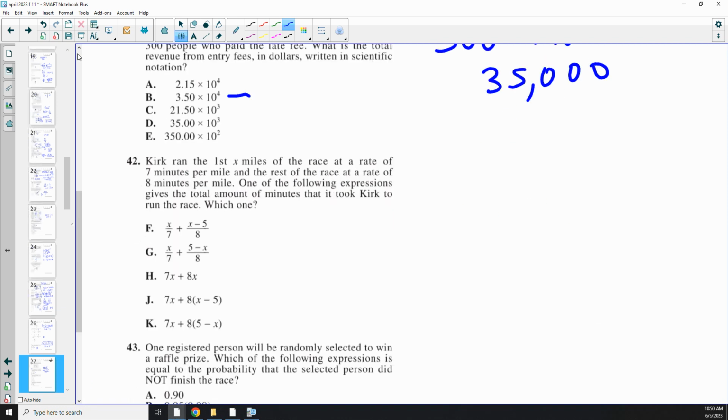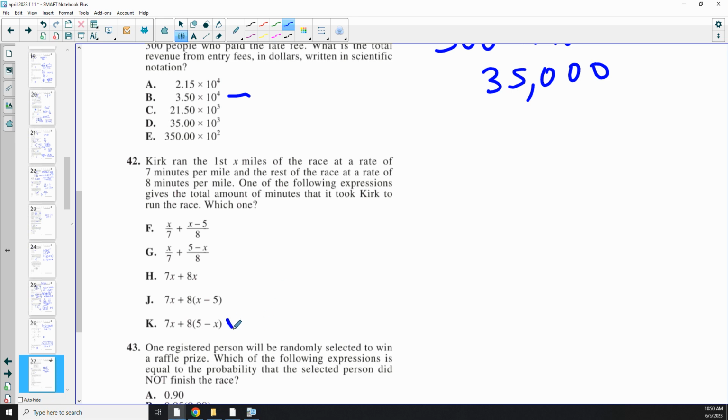Kurt ran the first X miles of the race at the rate of 7 minutes a mile, and he ran the rest of the race at 8 minutes a mile. So which of the following gives us a total amount of minutes it took Kurt to run the race?